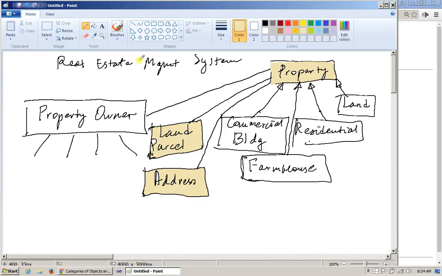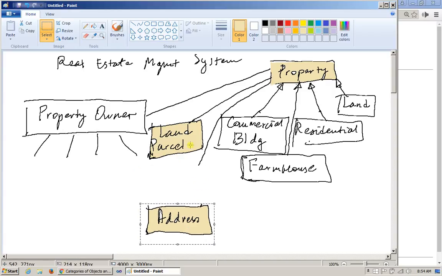For the parcel of land, however, maybe I can think about data attributes such as perhaps its GPS location, right? I really would like to be able to provide an ability to perhaps invoke Google Maps or MapWorks or some other application and be able to specify GPS location, which will bring up the map, and then I can have an area of it described here, and I can have additional attributes.